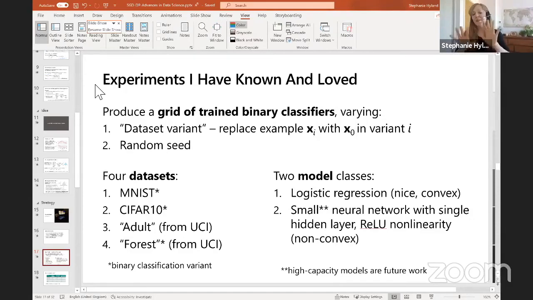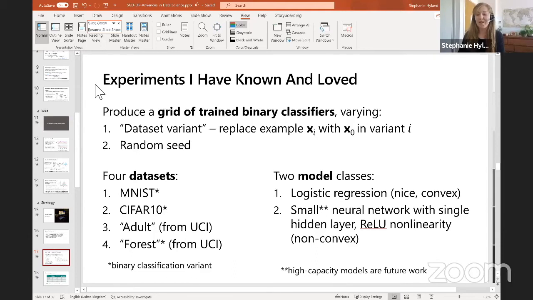Given these two axes of variation, we also consider 4 different data sets, which are all modified to be binary classification, and we consider 2 classes of models. The first one we look at is logistic regression, because partially pre-existing results exist here. There is some theory because it is nice and convex. And we also look at small neural networks with a single hidden layer ReLU nonlinearity, which are taking us a little bit closer to what people use in practice.